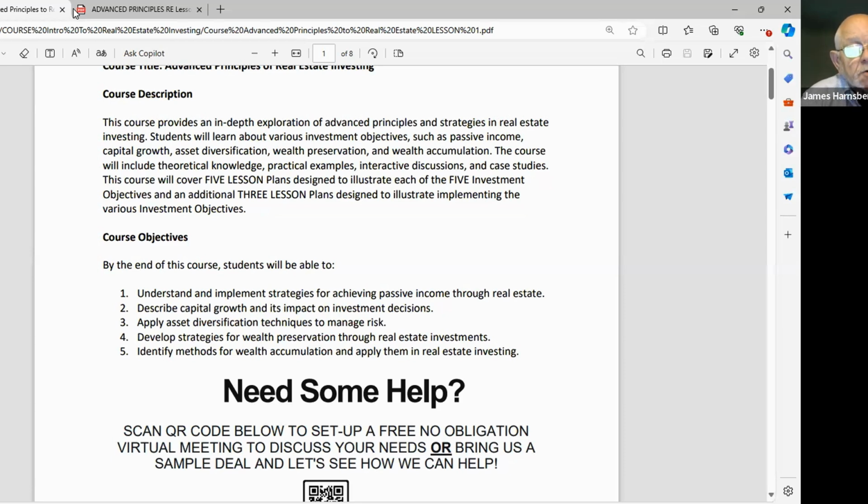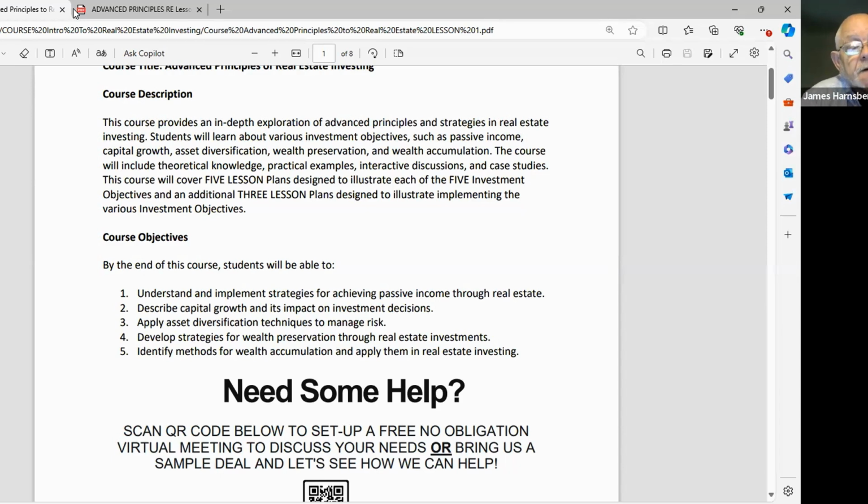You should be able to apply asset diversification techniques that allow you to manage risk in a particular real estate investment. You should be able to develop effective strategies for real estate investing for wealth preservation. And lastly, you should be able to identify methods for implementing strategies for wealth accumulation and apply them in real estate investing.